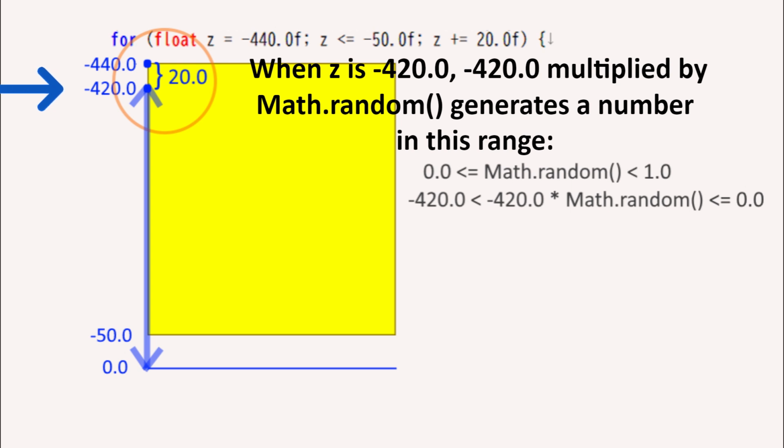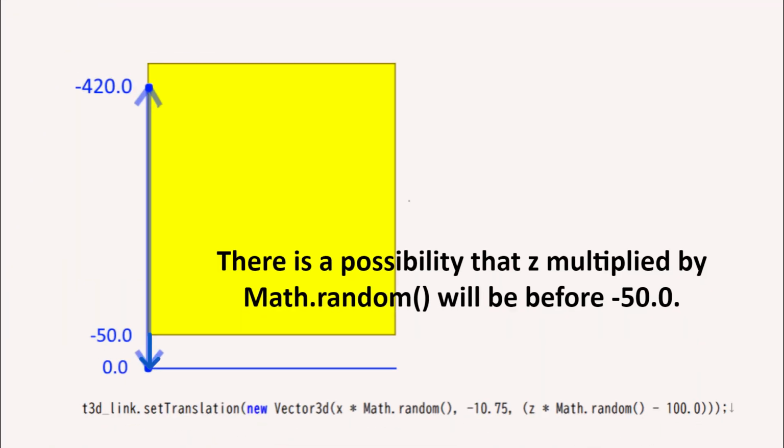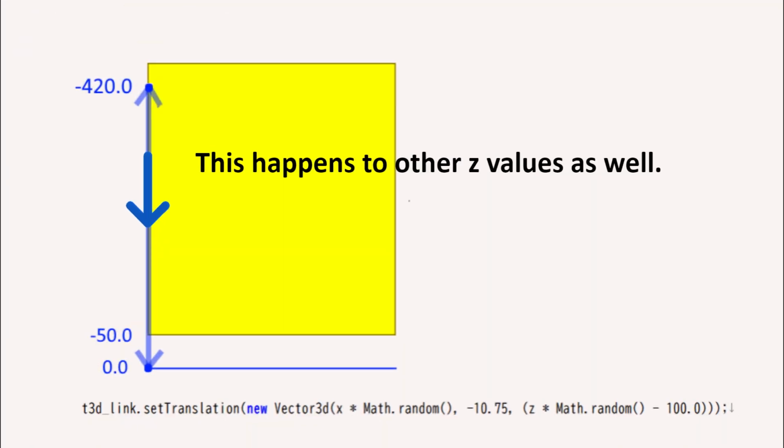When z is minus 420.0, minus 420.0 multiplied by Math.random generates a number in this range. There is a possibility that z multiplied by Math.random will be before minus 50.0. This happens to other z values as well.